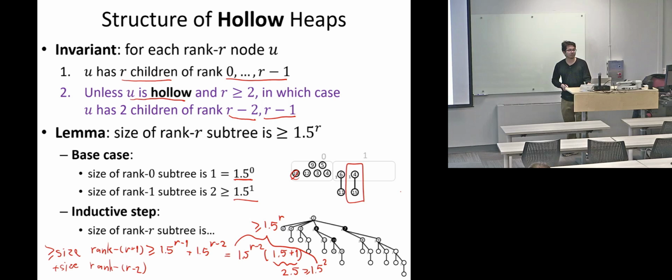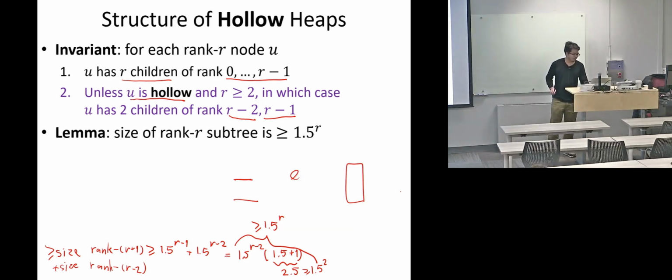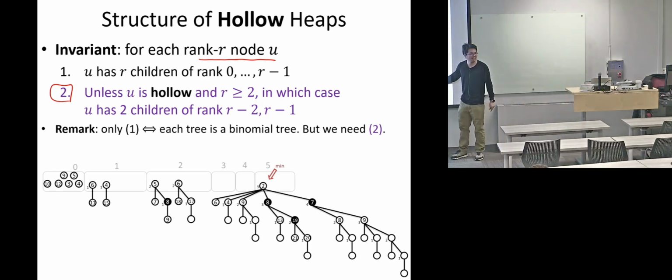Does it have to be, when we looked at ranks r minus 2, r minus 1, is 2 the only value that works, or could you also do r minus 3, r minus 2, r minus 1 and get a similar result? You probably have to change the base of the exponential function. Exactly. Right now the way I implement decrease key is that I move all the children except the biggest two.